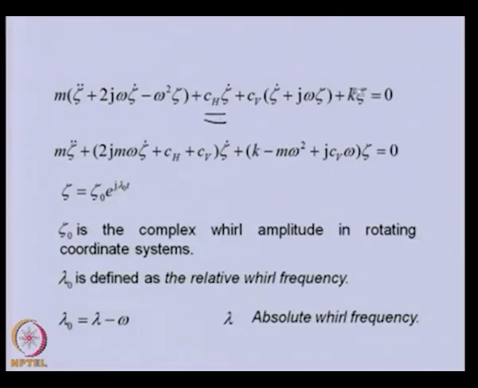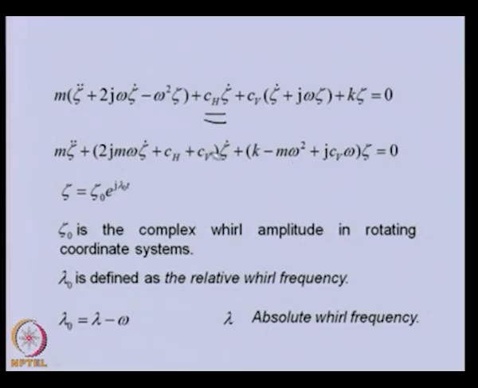This was already there, and because we have some terms of zeta dot and zeta, we can rearrange this equation so that we have terms of zeta double dot in one place, zeta dot in another place, and zeta in another place.